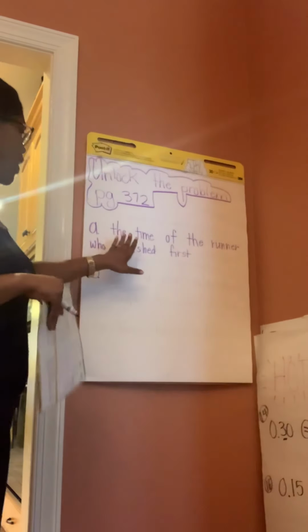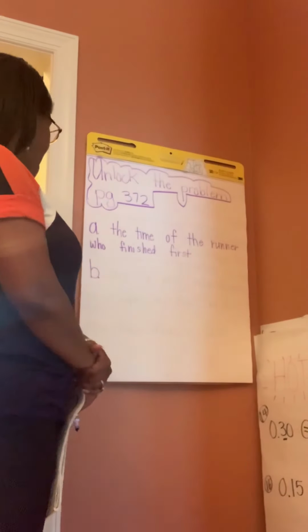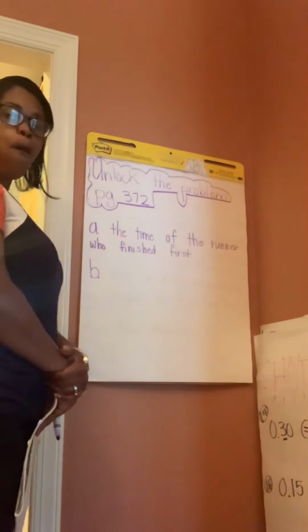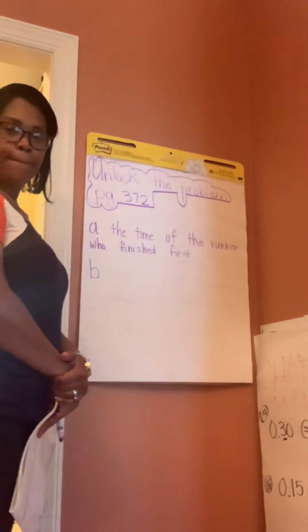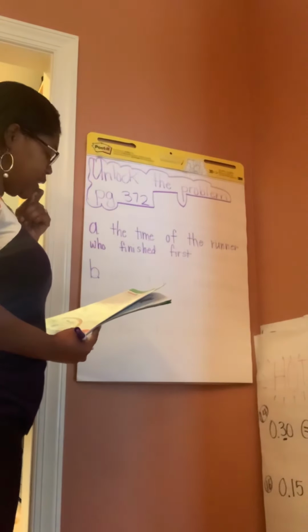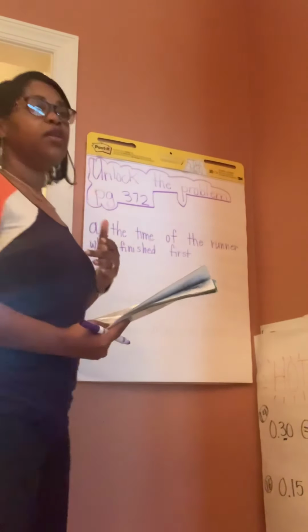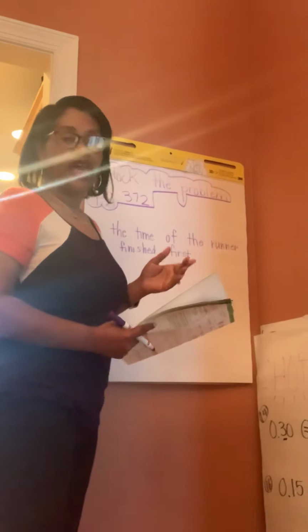Okay, you're asked to find the time of the runner who finished first. Good. Let's look at B. B says, what do you need to do to find the answer? Well, there are a couple of things you can do to find the answer.